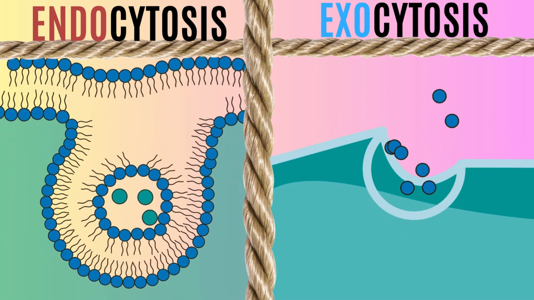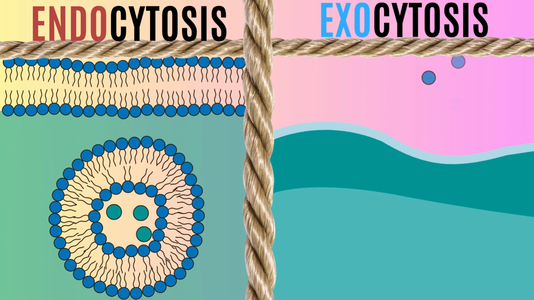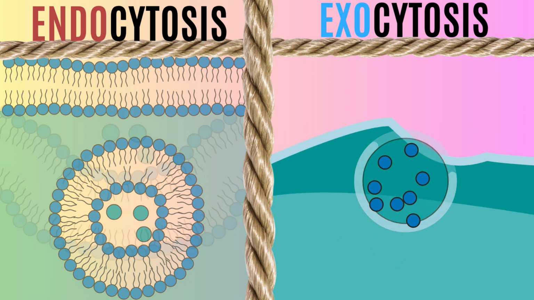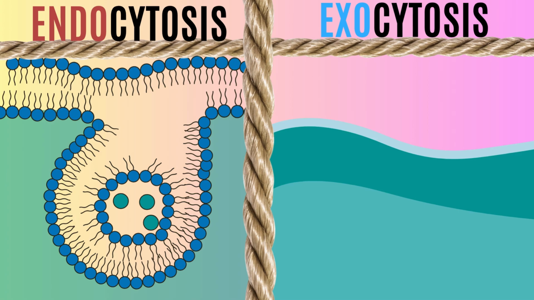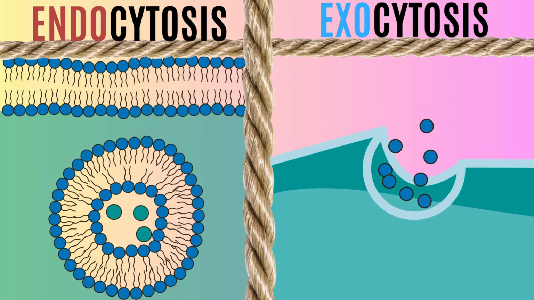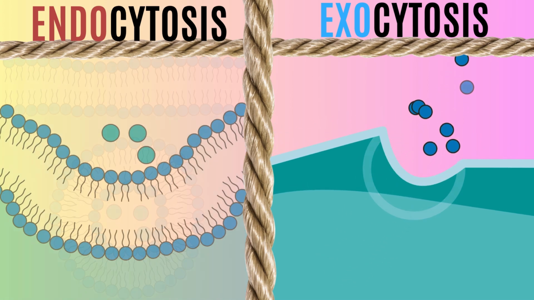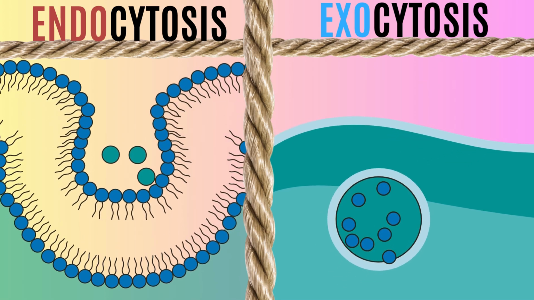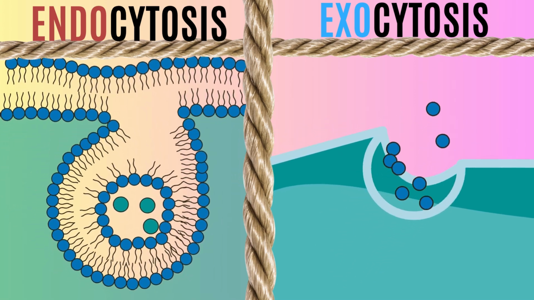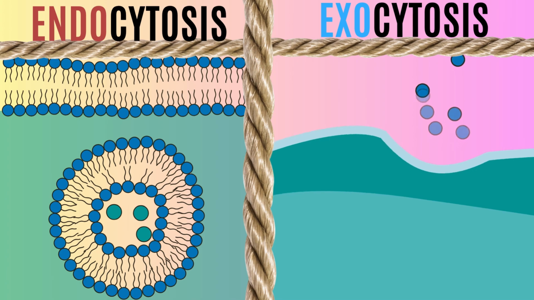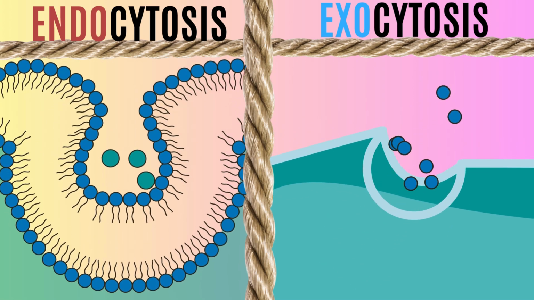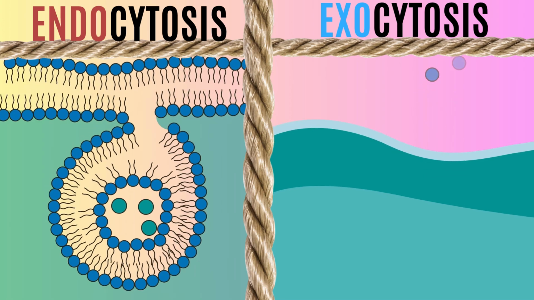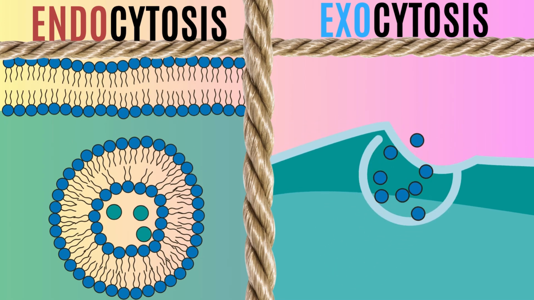Now, when we're talking about these transport vesicles, I want you to view the left side versus the right side here. On the left side, you have an example of endocytosis. This is a cellular process that involves the movement of material into the cell. So it is entering the cell. As you can see here, there are these particles. It forms a circle-like structure.